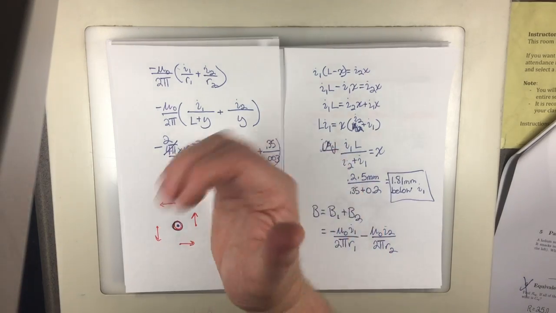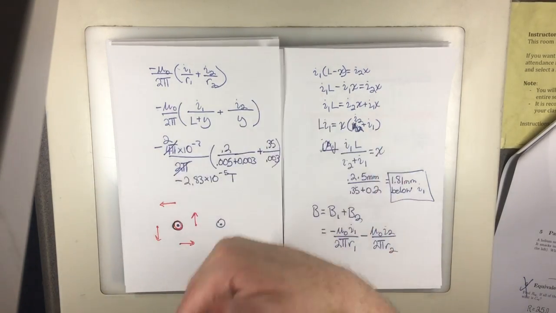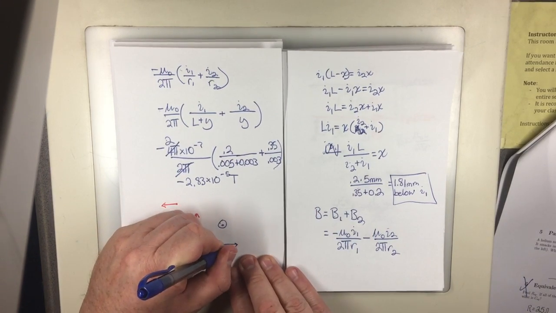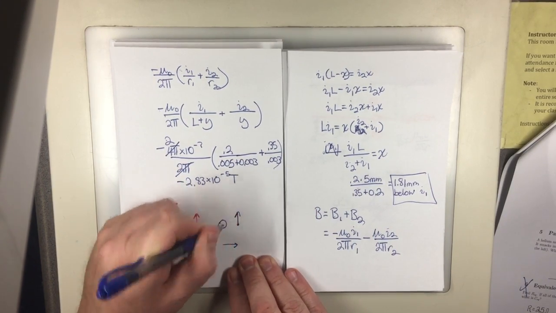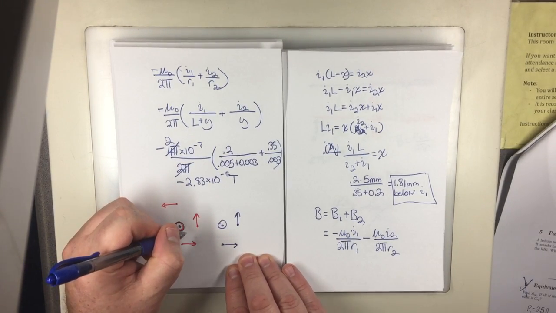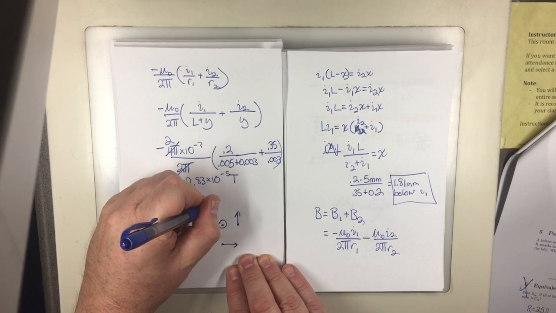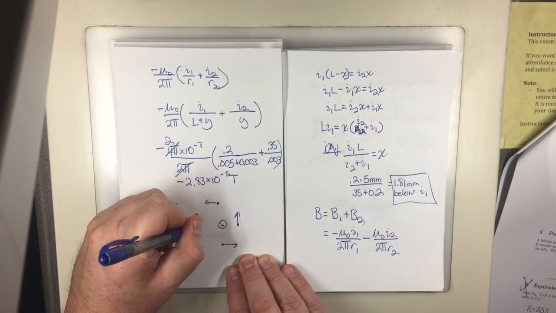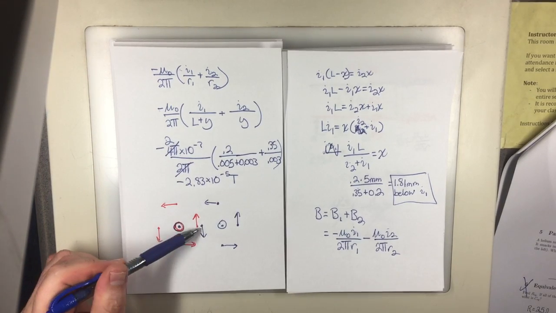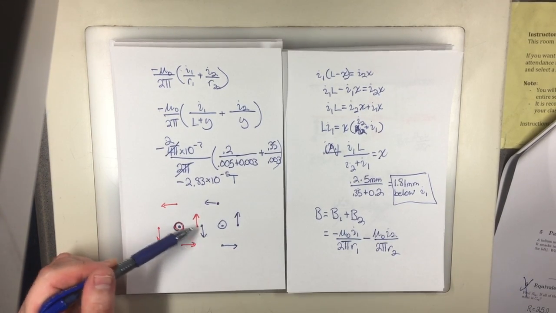For the blue field, it again wraps counterclockwise. So it is like this, that. Now I'm looking at this from dead on. This and that. So at this particular point, those 2 B fields are opposing each other.